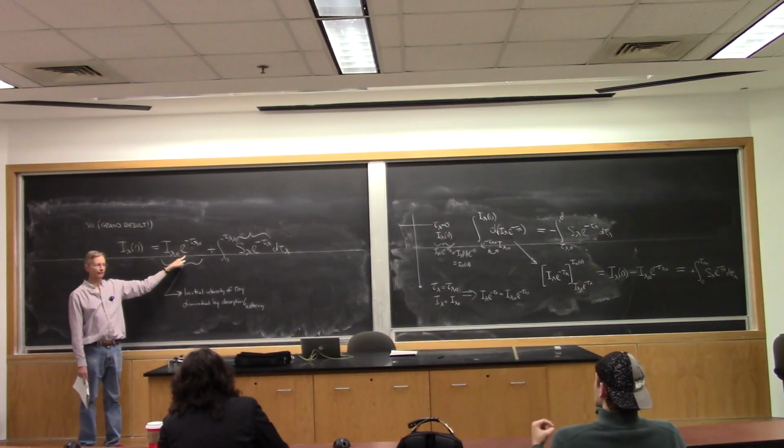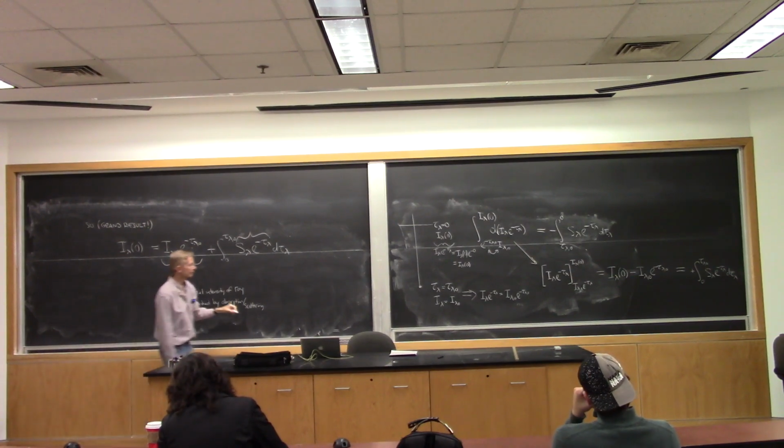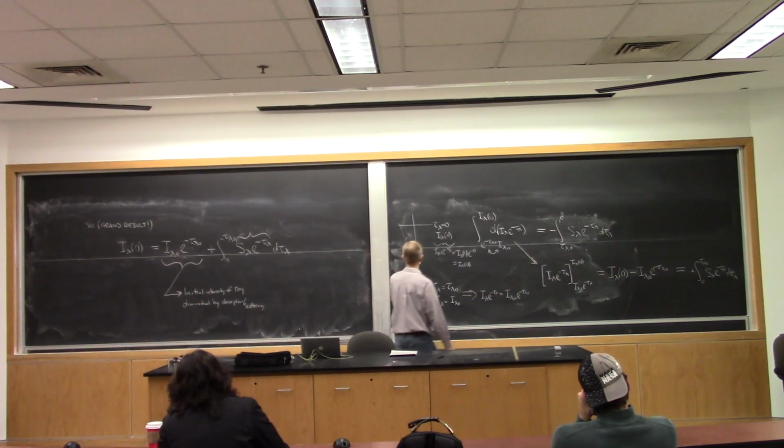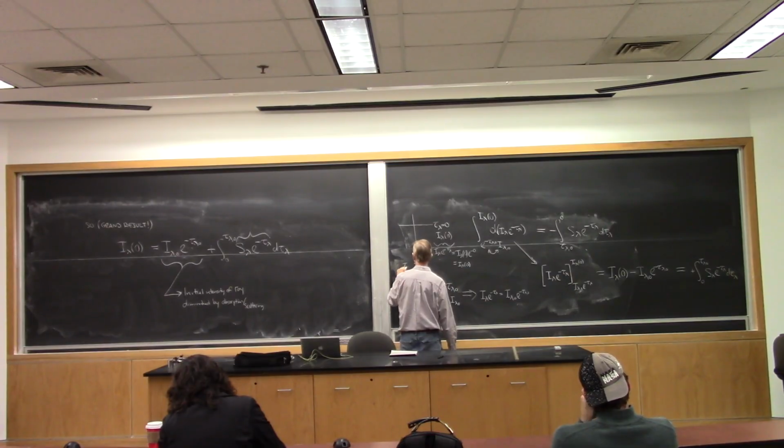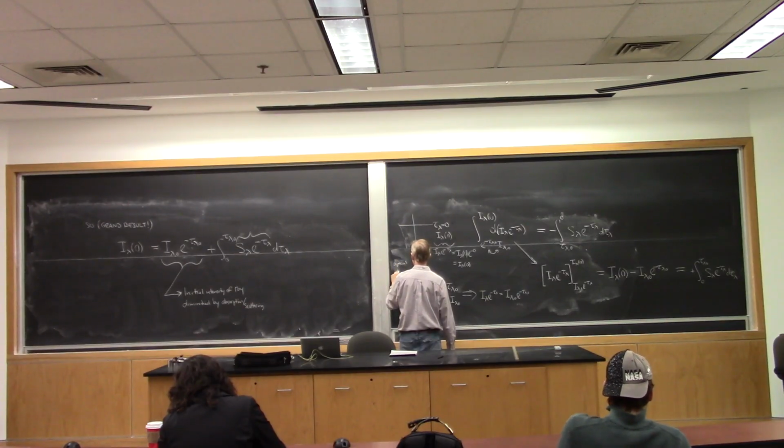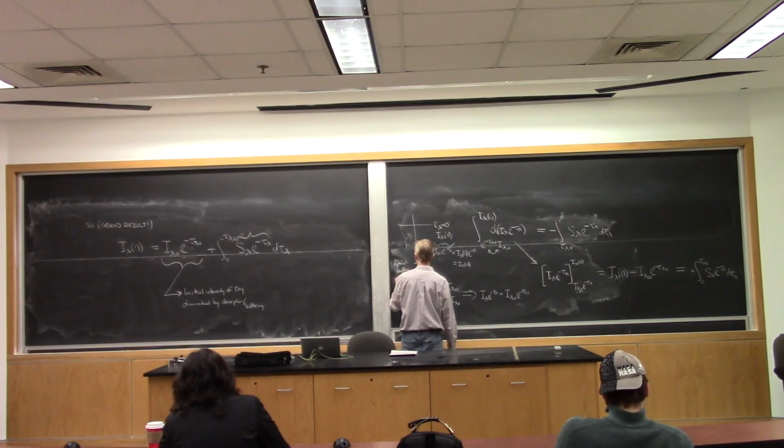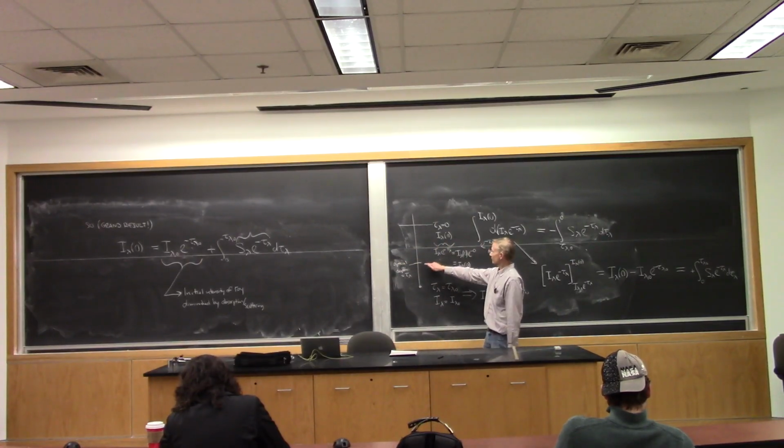The idea is that here's some point where the optical depth away from us is tau lambda.